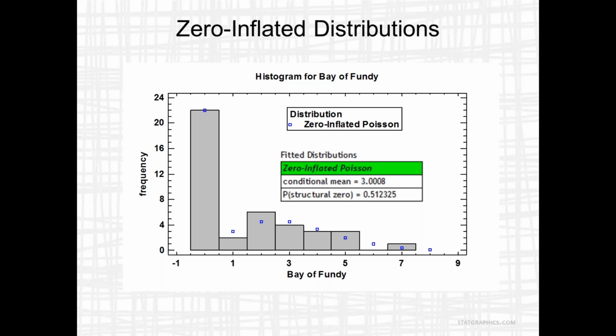And this is a histogram of what the counts look like in the Bay of Fundy. Often when they go out to count fish of a particular type, they don't see any. And you can see a big bar here at the bottom with lots and lots of zeros. When they do see fish, sometimes they see 1, sometimes they catch 2, 3, 4, 5, and so forth.